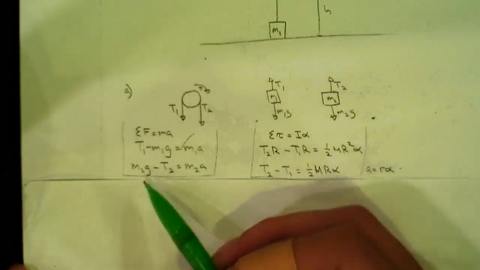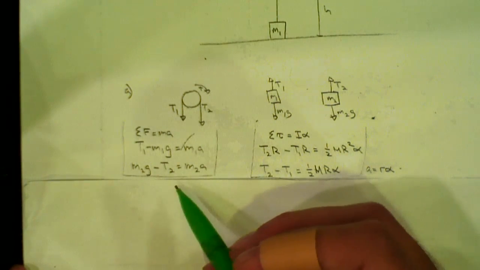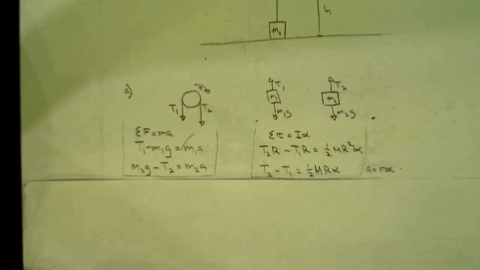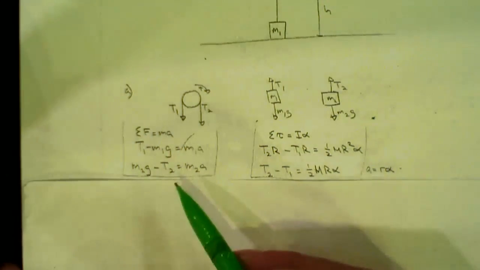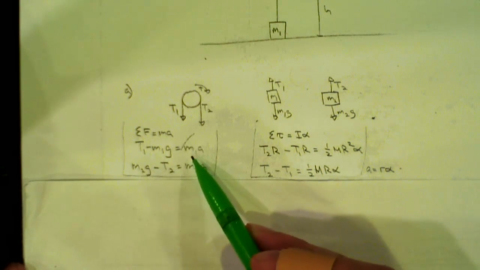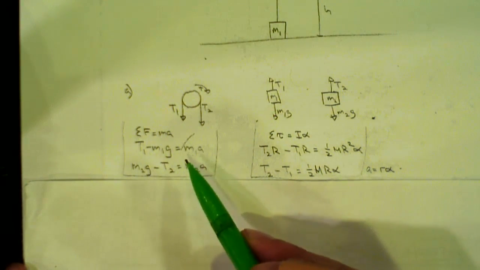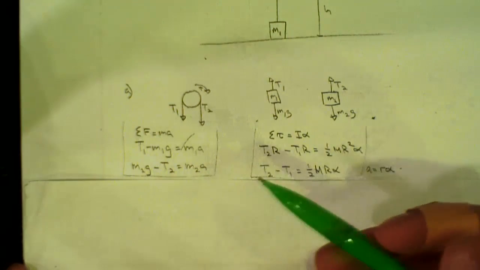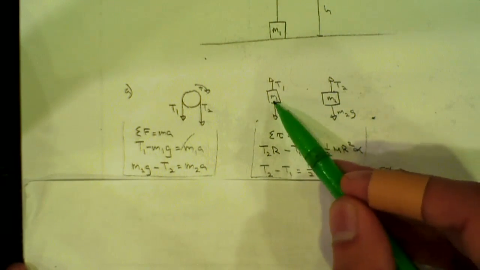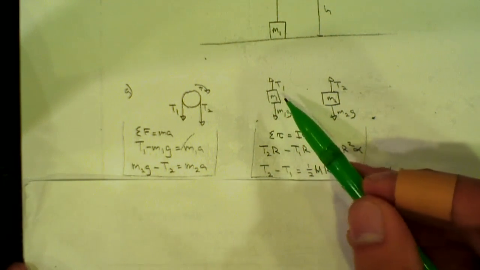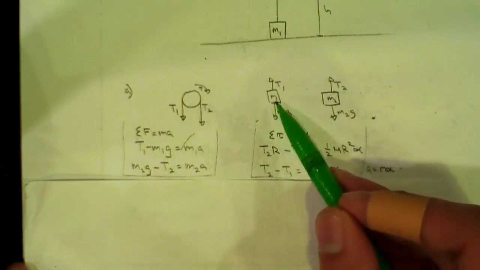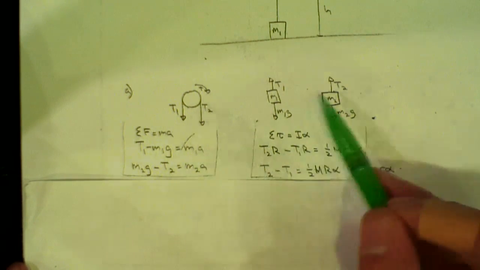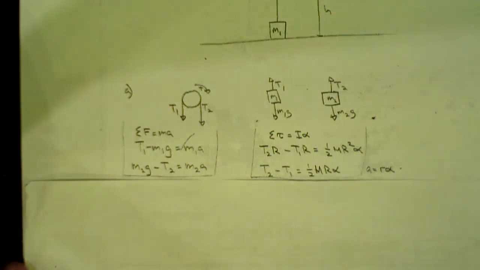So we get m2g minus T2 equals m2 times the linear acceleration. And note that when we do the force statements, and we have ma, the m that we use is going to be the m that's being analyzed in the force diagram. So this one we analyzed mass 1, so we're going to use mass 1 for the acceleration. And same for m2.